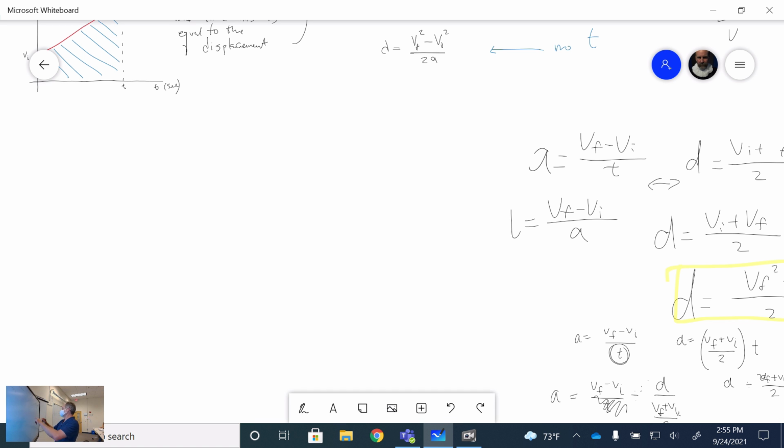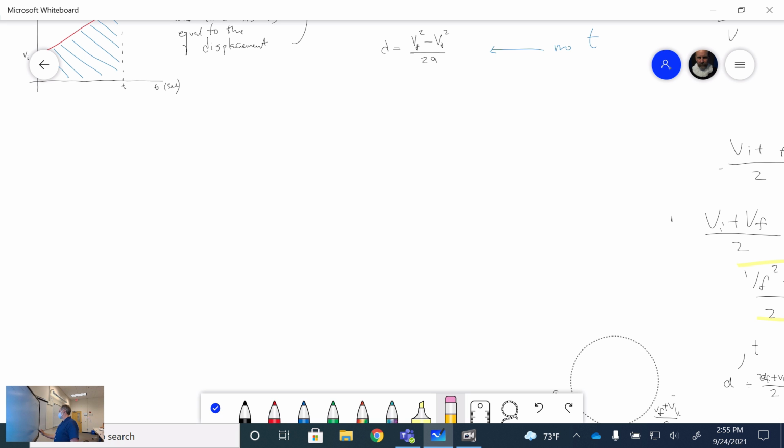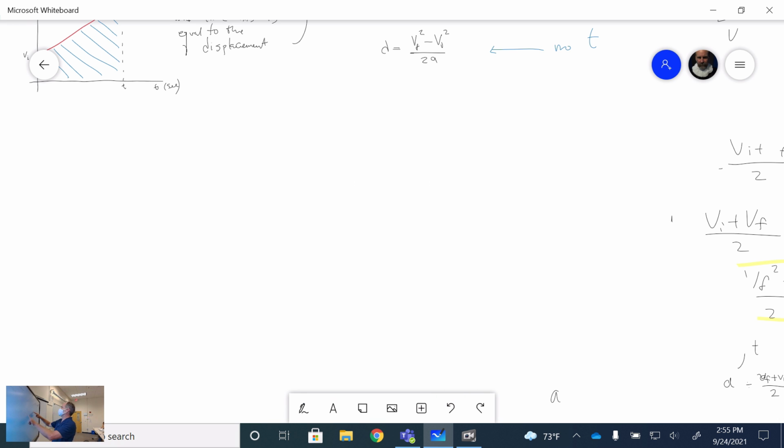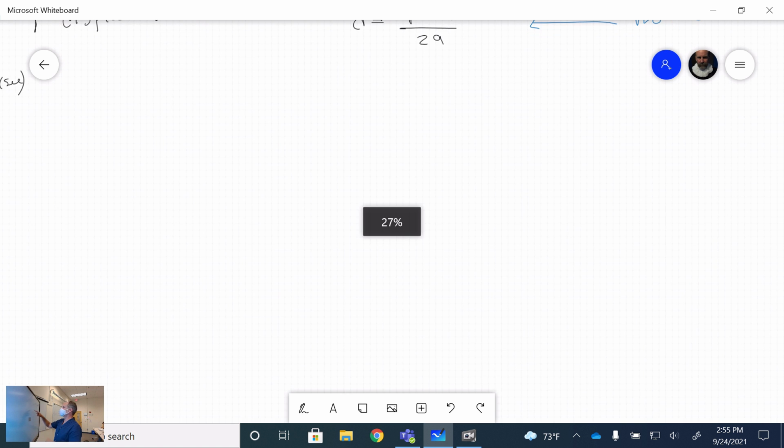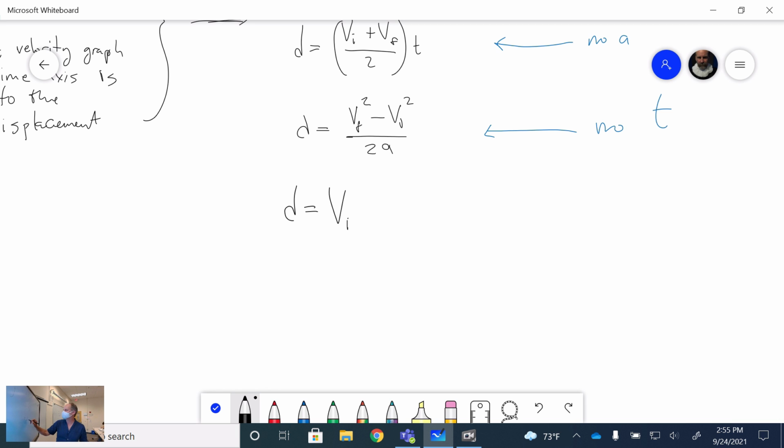So, there's some other things here. All right. So now we have another equation, and it is D equals, and it's traditionally written like this. I'm just reversing your two terms just because of tradition.